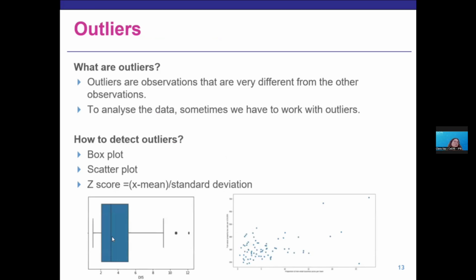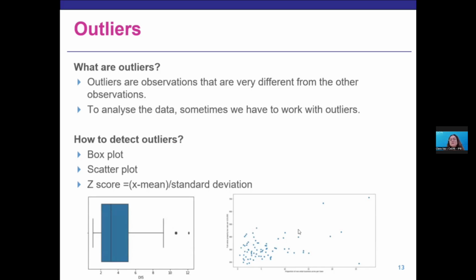Regarding the outliers, it is another problem that the decision maker should solve. So basically these outliers can be detected, for example, by identifying some extreme observations. In the box plot figure, we have two outliers on the right, after the upper whisker.